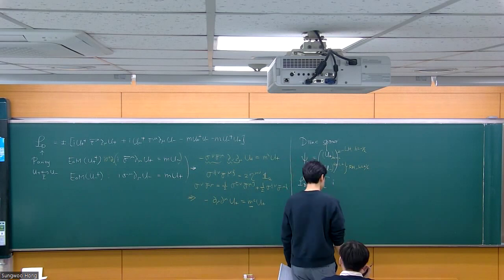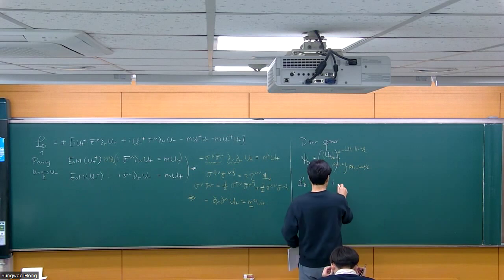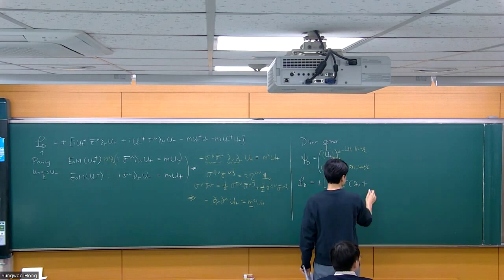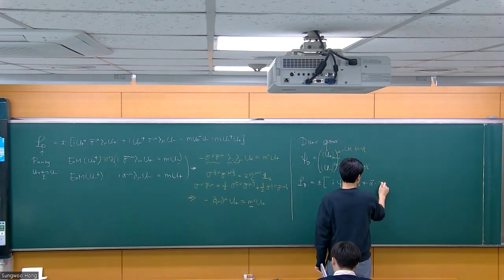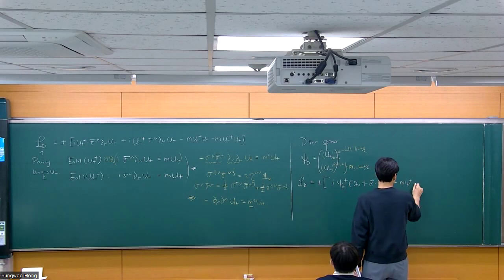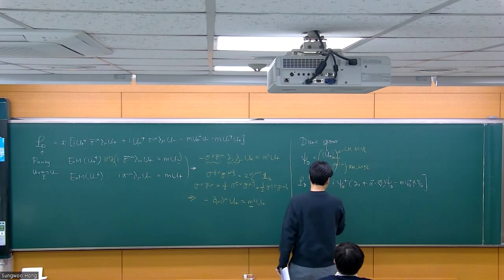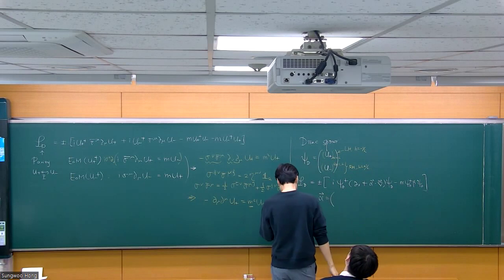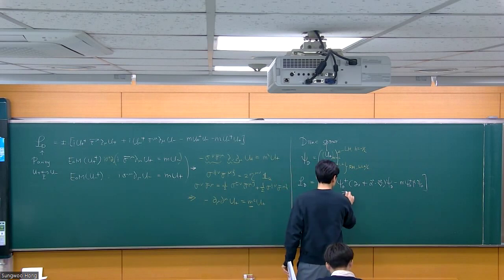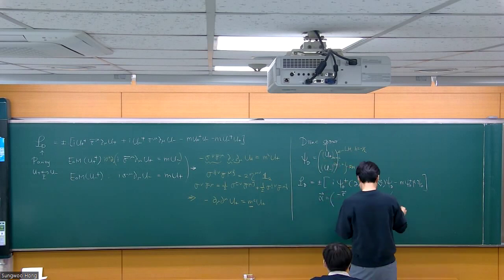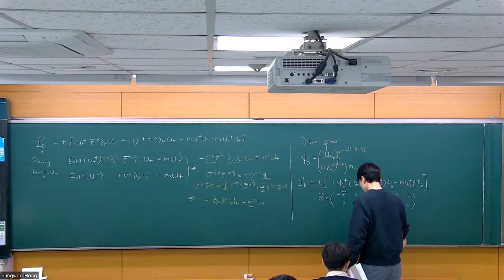as i psi dagger, time derivative, and then alpha, which I will introduce, minus m psi dagger psi, where the alpha vector in this notation is minus sigma matrix, 0, 0, sigma, and beta, in this case, is 0, 1, 1, 0.